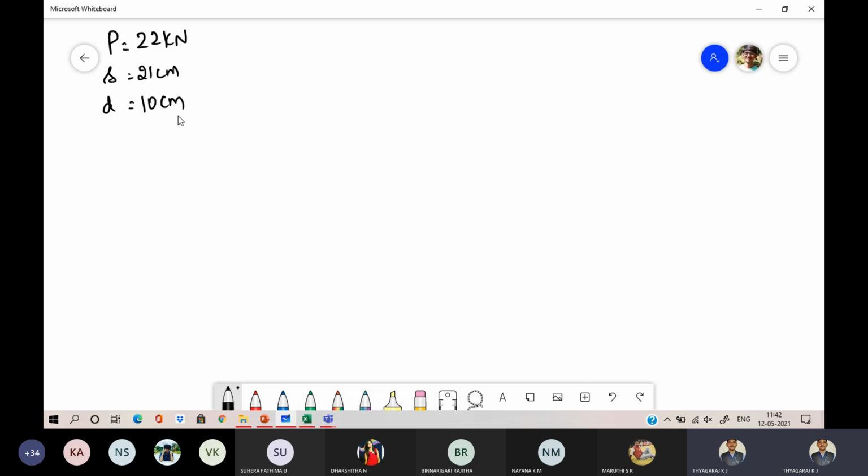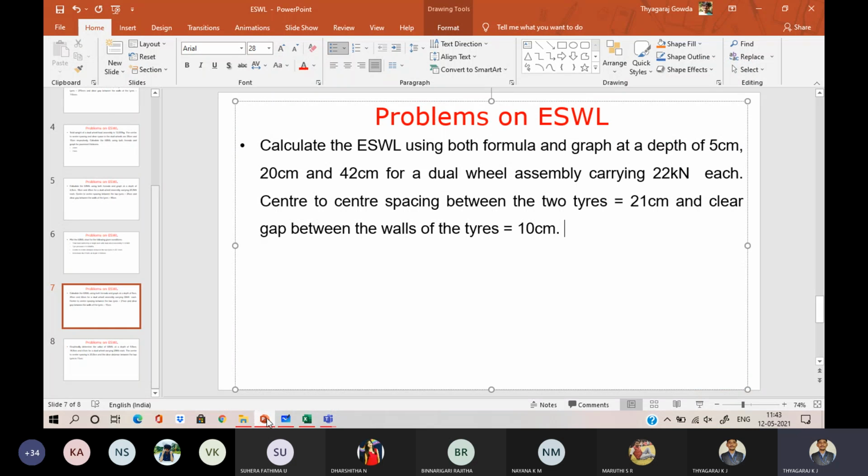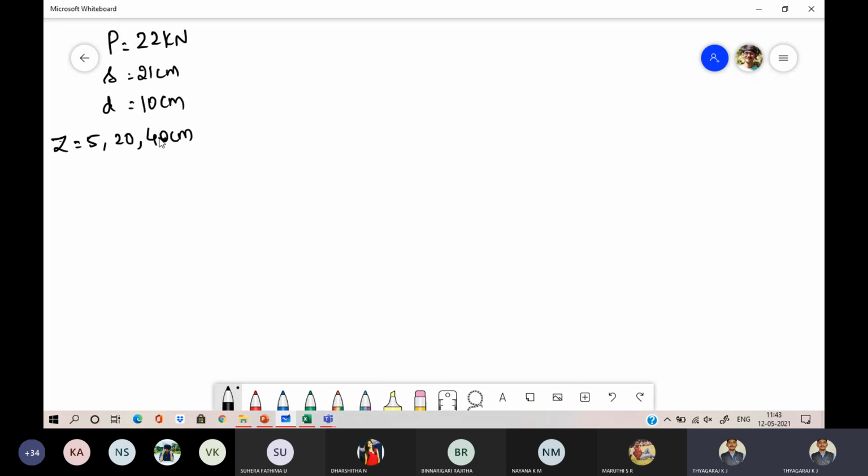Now, first at Z equal to how much? At Z 5 centimeter, 20 centimeter, and 42 centimeter you are going to determine. 42, yes.